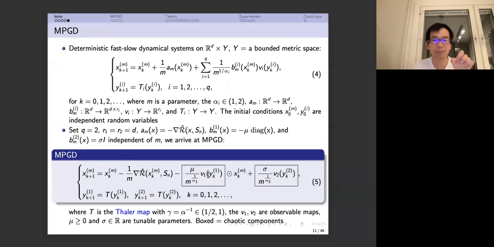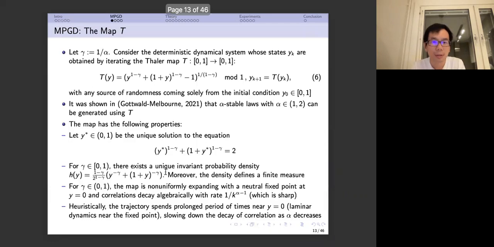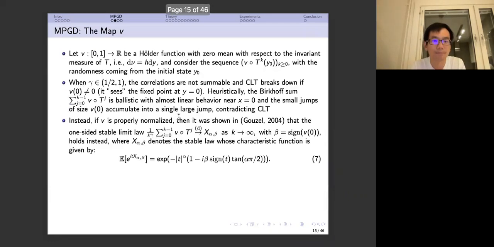We introduce V here in such a way that these recursions will converge to some limiting equations that can be described by an SDE driven by a Levy alpha stable noise, basically.